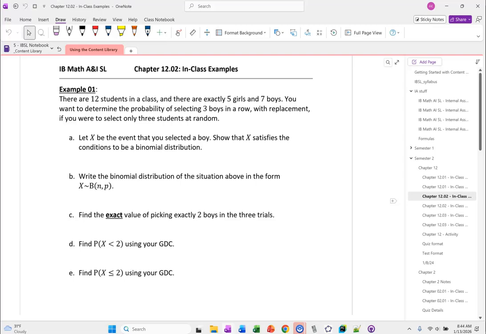Who can explain to me how I know that X is binomial? Fixed number of trials. How many trials are there? 3 is correct. What else?